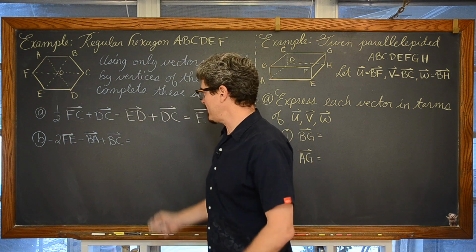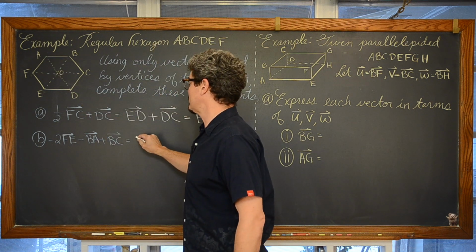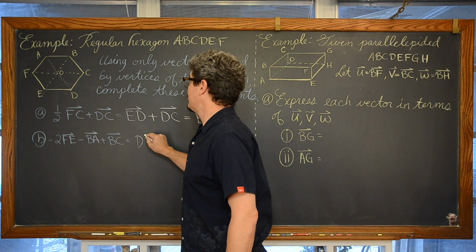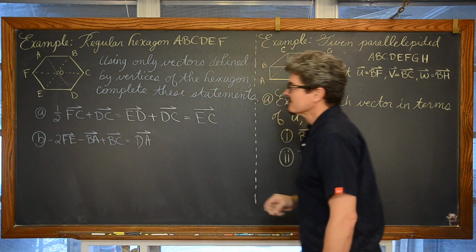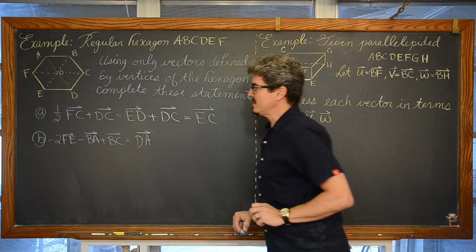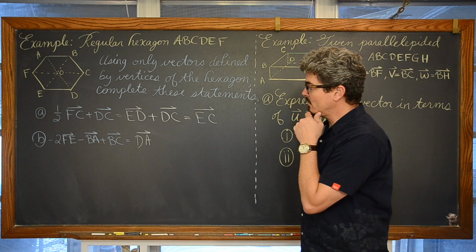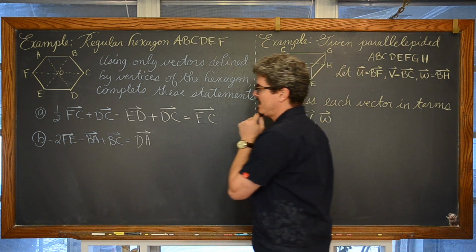So yes, we're not going to have a vector that is a side of the hexagon, but that wasn't the directions. The directions defined vectors using the vertices of the hexagon. So -2 vector FE is now vector DA. Now to that, we want to subtract BA.